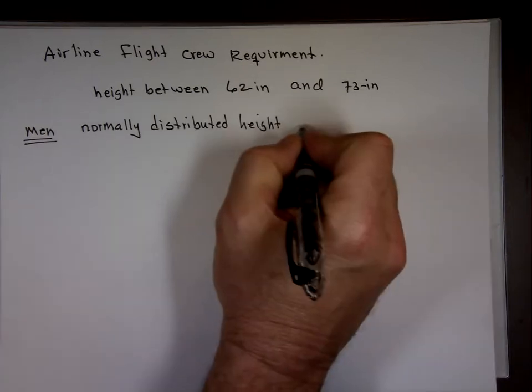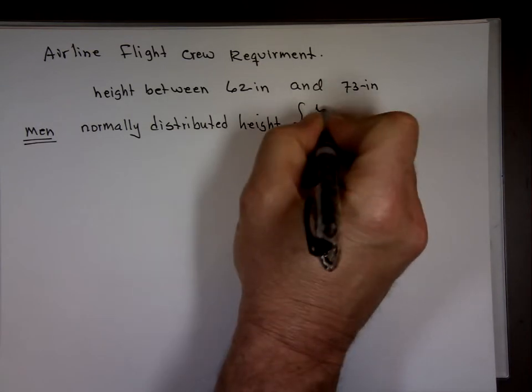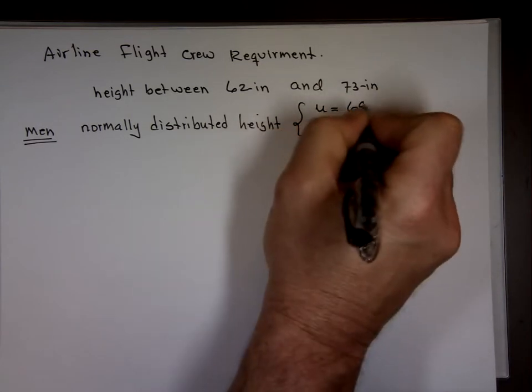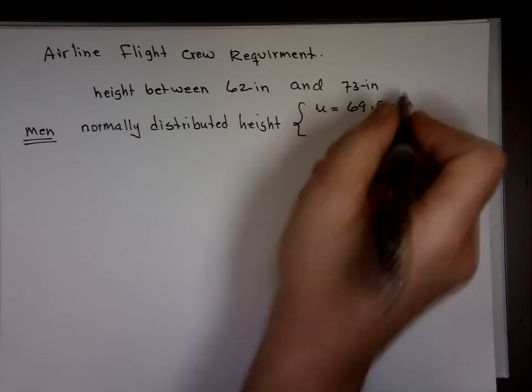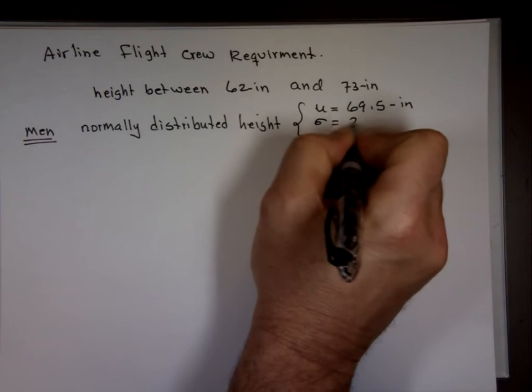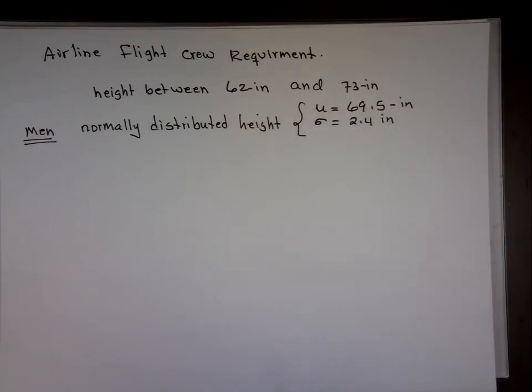The average height based on that normal distribution with the average height for men is 69.5 inches. And the standard deviation is 2.4 for men. Find the percentage of men who satisfy the height requirement.